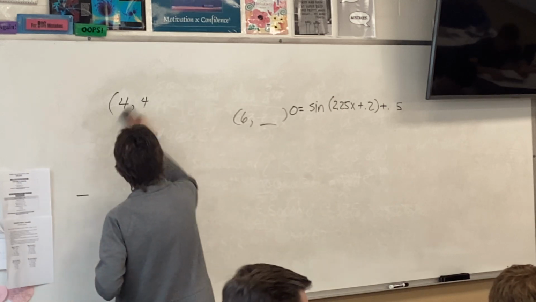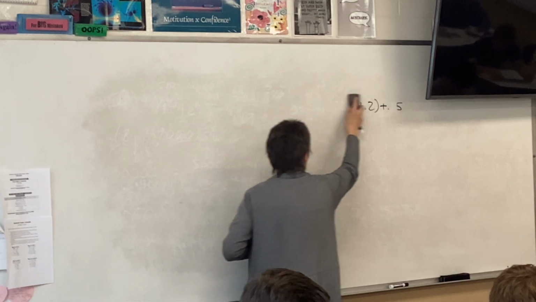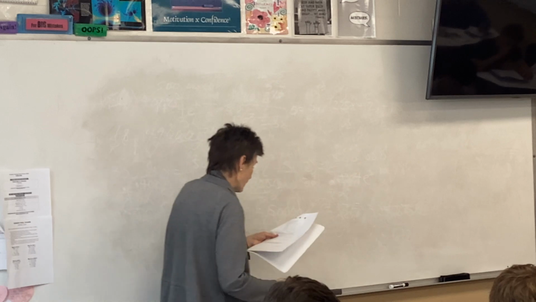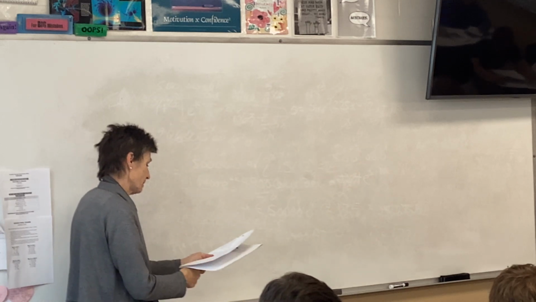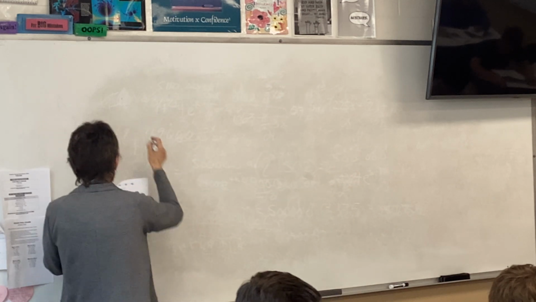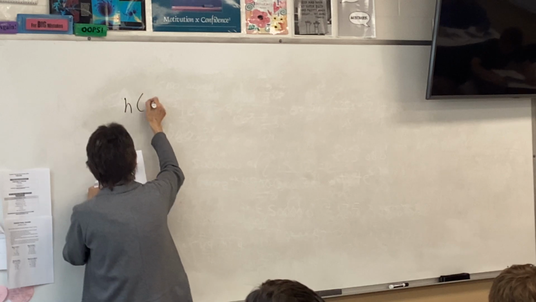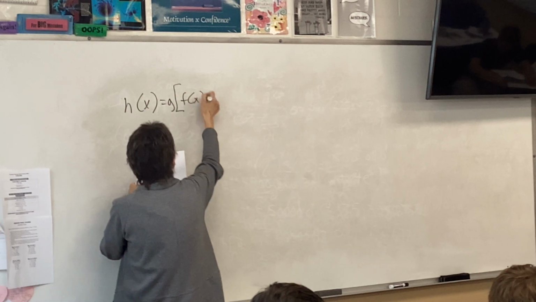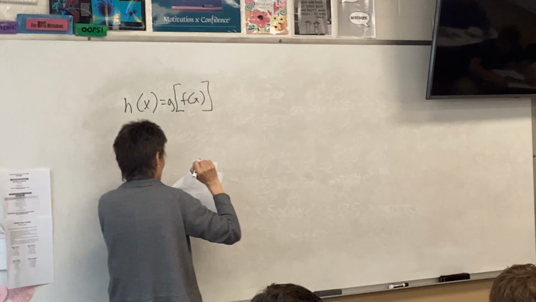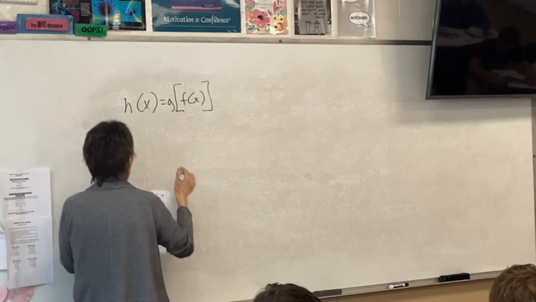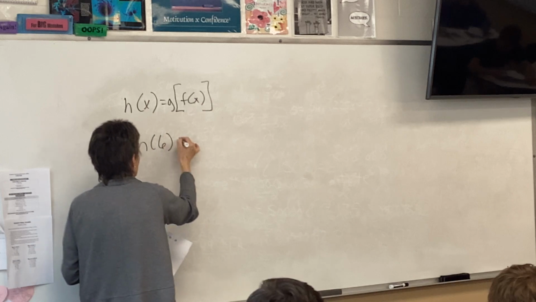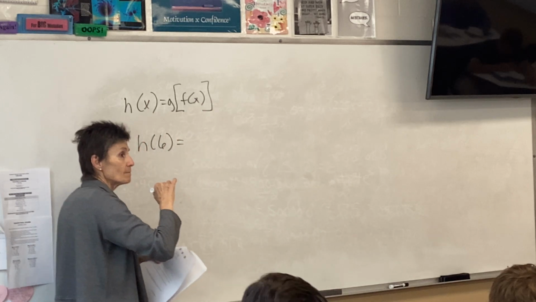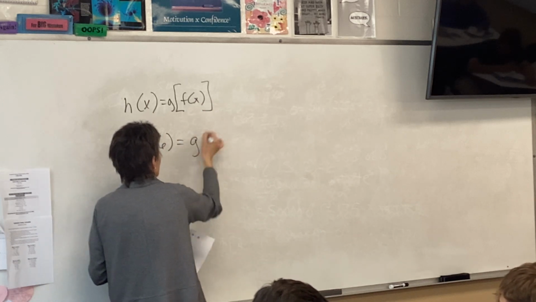One is a picture and one is an equation. We are going for part A, I. We are going to build the composition G of f of x. And we want to find h of 6. Okay, so what do we have to do first?